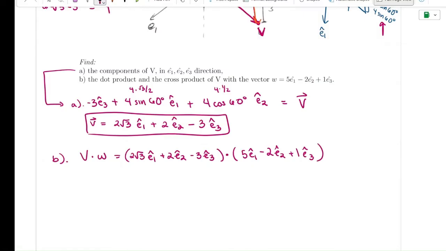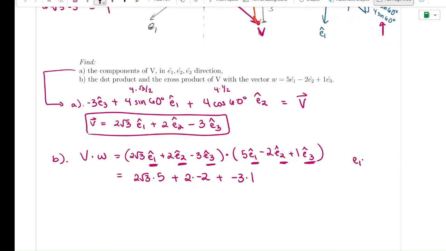And remember, with dot product, all you do is you take the components of the vectors with the same vectors. So I do e1 dot e1. This gives me 2 square root 3 times 5. And I do the same thing with e2, so that's 2 times negative 2. And the same thing with the e3. And then I multiply that together to get this.